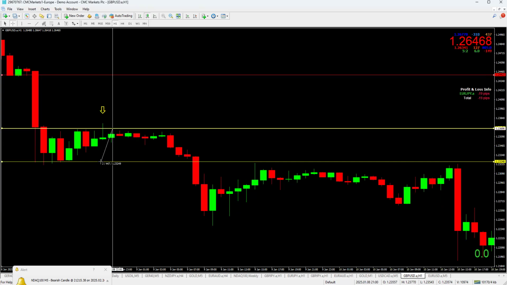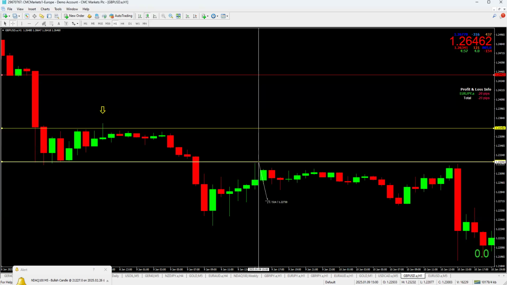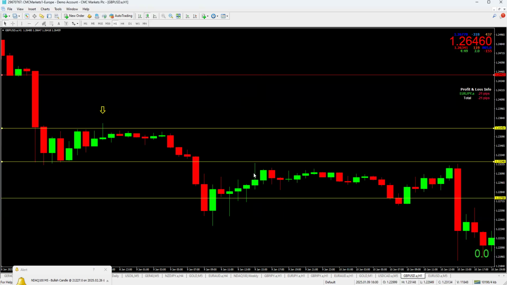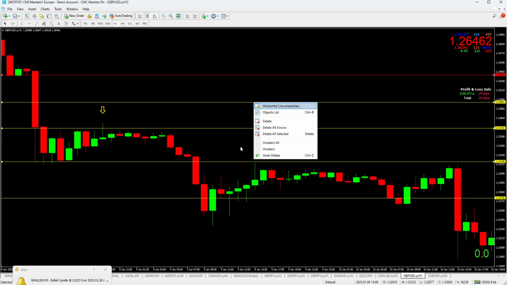TP1 is like 45 pips. So from here, you're looking at 45 pips. Where did you enter?